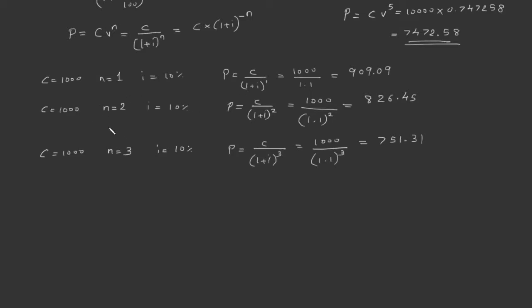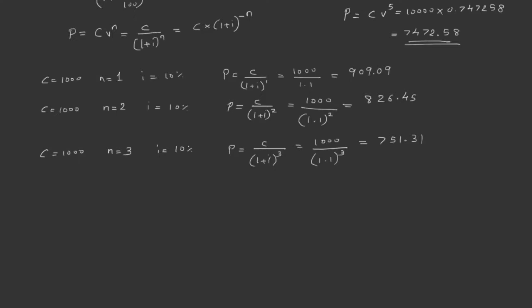What this means? It means simply that the value of 1000 you receive after period 3 will be less than the value of 1000 you receive at period 2, which will be less than the value of 1000 you receive at period 1. This is simply the time value of money. So which one will you always prefer?